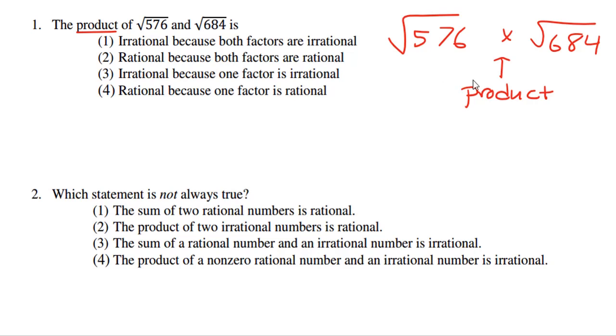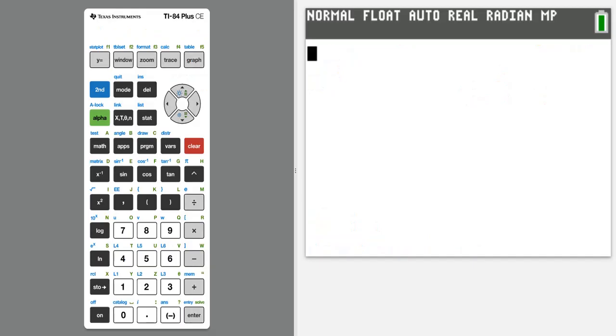So let's go to our calculator. Okay, so just a quick reminder where our square root button is. You can see it on the left-hand side of my calculator above the x squared button, which makes sense because square root and squares are opposites of each other.